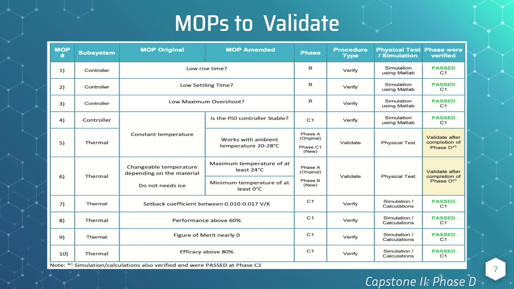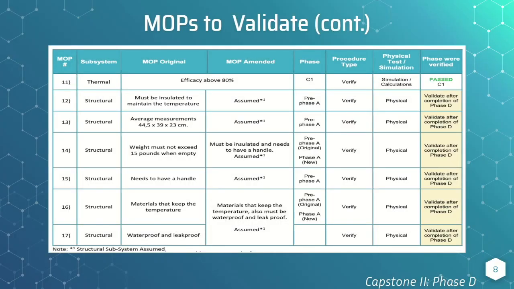Those were presented at phase C1, verified, and the physical tests and simulations were done by calculations and physical tests. They all were verified and passed in phase C1. Continuing with the MOPs, there is one last of the thermal, that will be the efficiency above 80%.